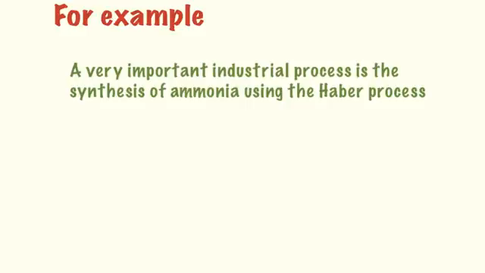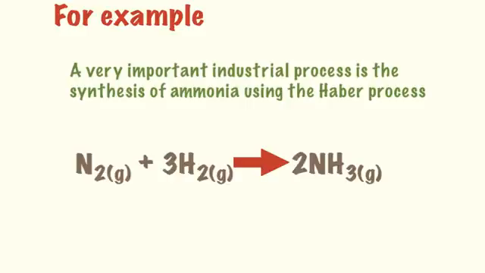The process involves combining nitrogen gas with hydrogen gas to make ammonia gas. And as we'll see when we get to equilibrium, we have to do things to make the most money out of this. But that's another story. If we know the energy involved in the bonding, we should be able to work out the enthalpy change in this reaction.